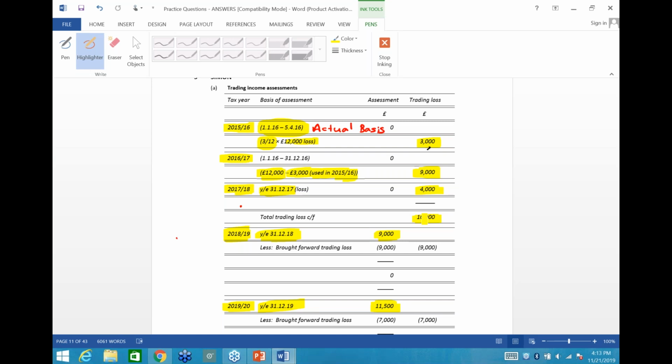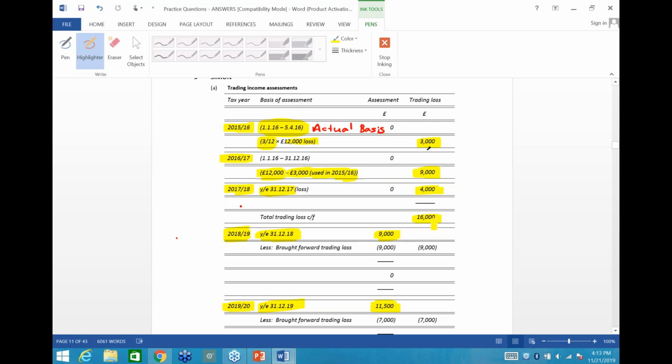So here 15-16, 16-17, 17-18, continuously you have been incurring losses, in total 16,000. According to part A, you are supposed to use the carry forward relief. So this 16,000 you can carry forward and set off against the first available trading profit. In 18-19, for the first time, you get a trading profit of 9,000.